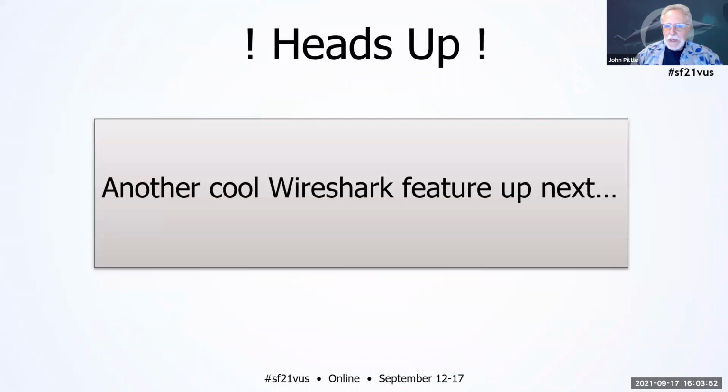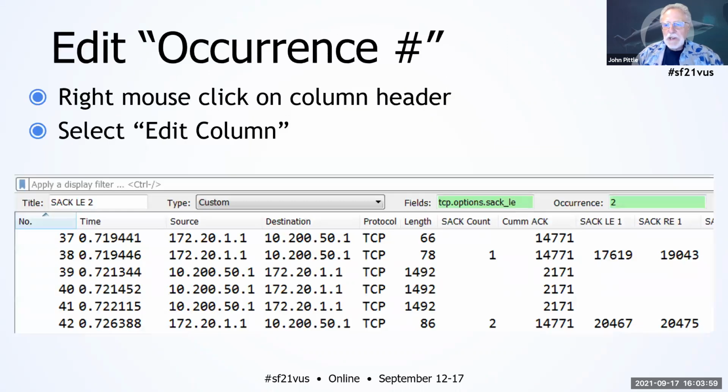And how do we do that? Well, first off, let's take a look at another cool Wireshark feature, which is when you edit a column, depending on the nature of that column and the context of that column, you may see this occurrence field. I think you'll always see occurrence, and it may always be 0.